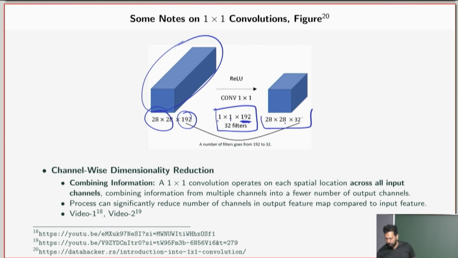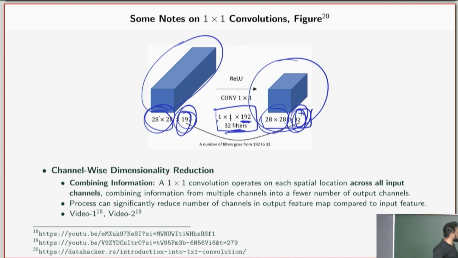But then you apply 32 of them, so you reduce to 32 now. So basically, a 1 by 1 convolution could be used as a reduction technique, but it does not change the height and width. That's interesting. So 28 by 28 remains 28 by 28. If you want to do a reduction through the channels, then 1 by 1 convolution is good, because the channels got reduced to 32. Previously it was 192.